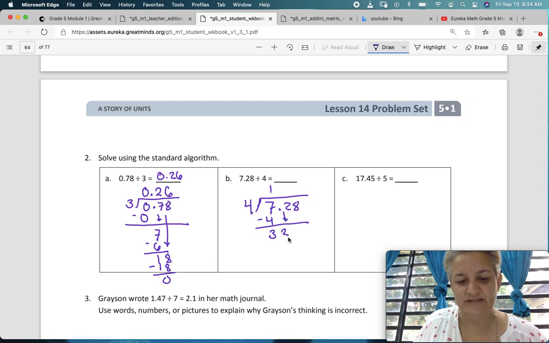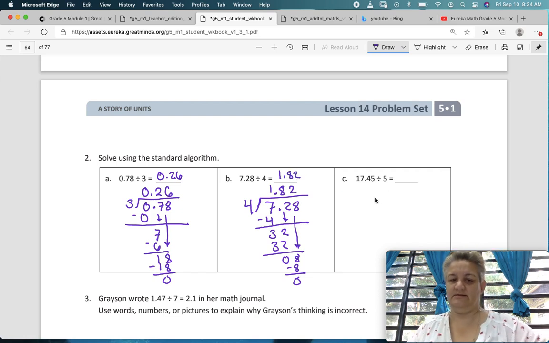Now we have 32 tenths. 4 goes into 32 8 times. 8 times 4 is 32. So now we have no tenths left over. We're going to bring down the hundredths. 4 goes into 8 hundredths 2 times. 2 times 4 is 8 and 0. Our answer is 1 and 82 hundredths.